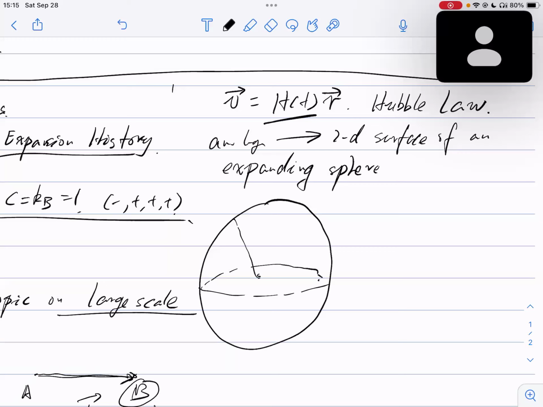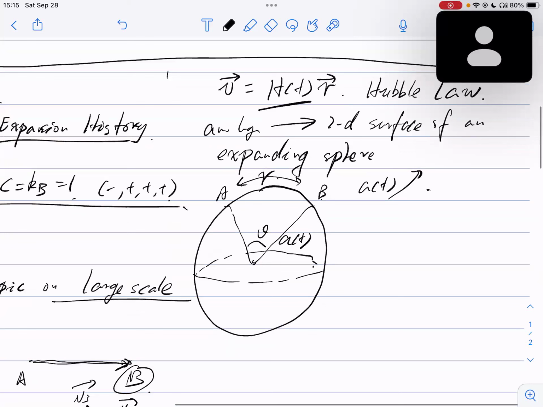Let's consider the two-dimensional surface. And this is A, this is B. This radius a will increase when the time increases, and this is the angle theta. So according to the geometry knowledge, we know that R equals a(t) theta.